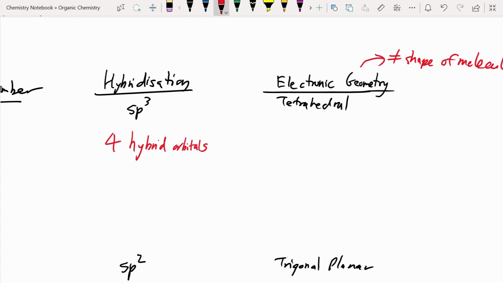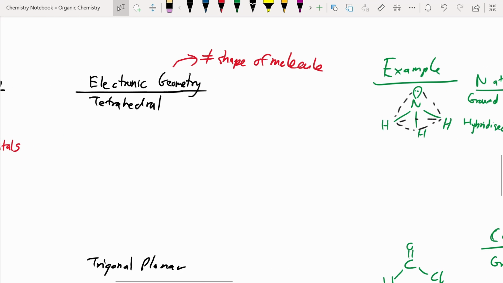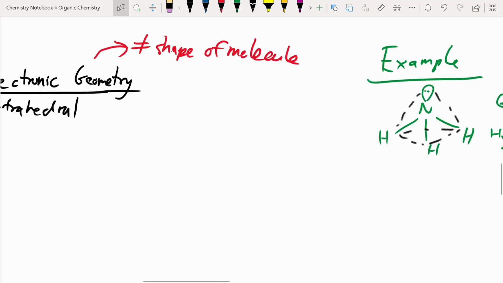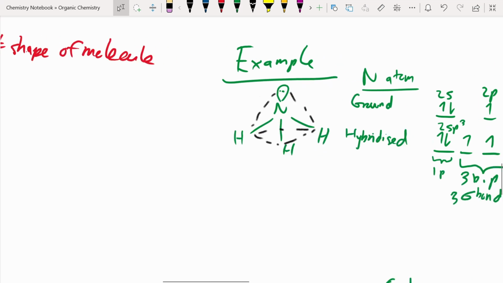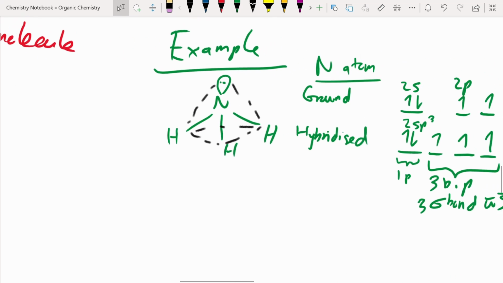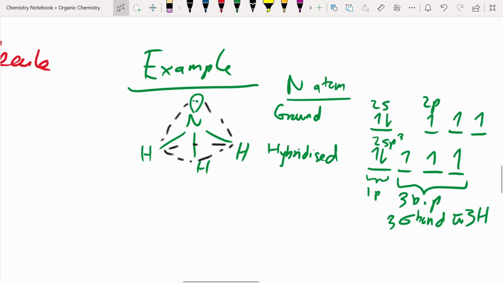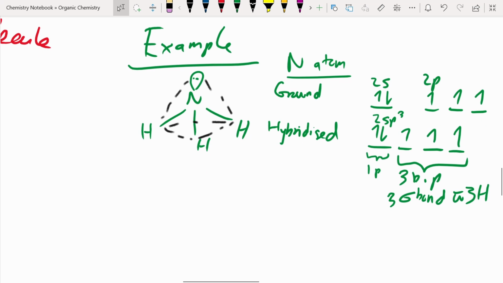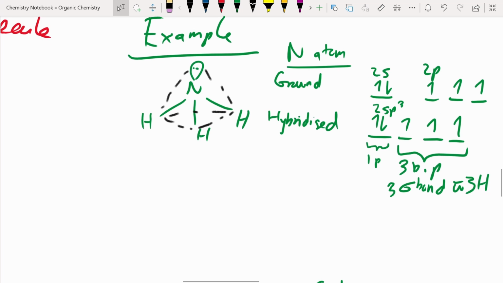And then the electronic geometry will be tetrahedral, and it's not the same thing as the shape of a molecule. You can see in ammonia right here, even though the shape is trigonal pyramidal, if you take into account all the electron pairs, the arrangement looks like a tetrahedral arrangement.